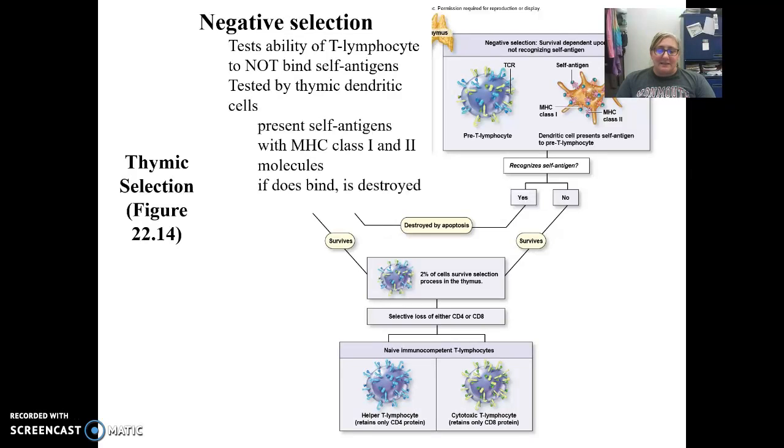Once they've passed both tests, they're going to lose whatever receptors they don't need. So if you're a cytotoxic T cell, you're going to lose your CD4s. If you're a helper T cell, you lose those CD8s. And now you're considered a mature, naive, immunocompetent T lymphocyte.